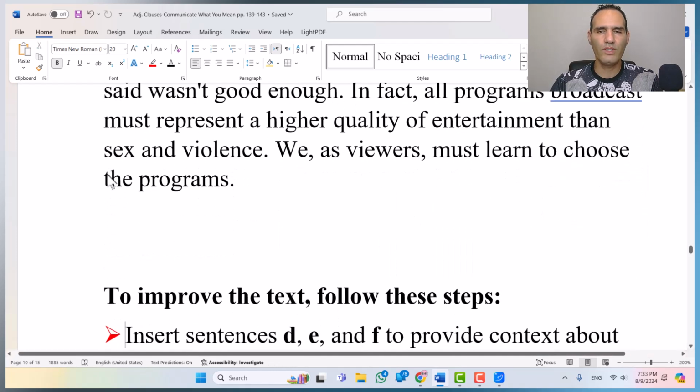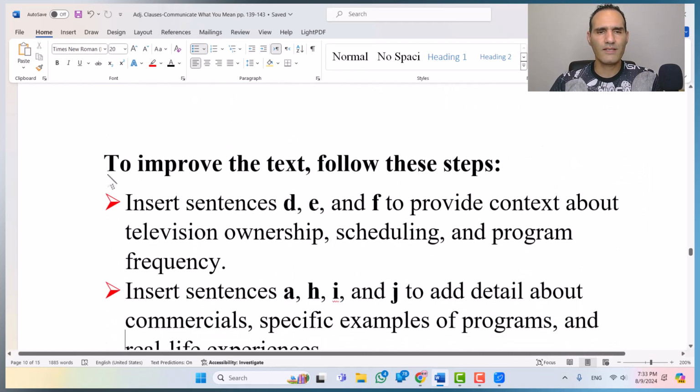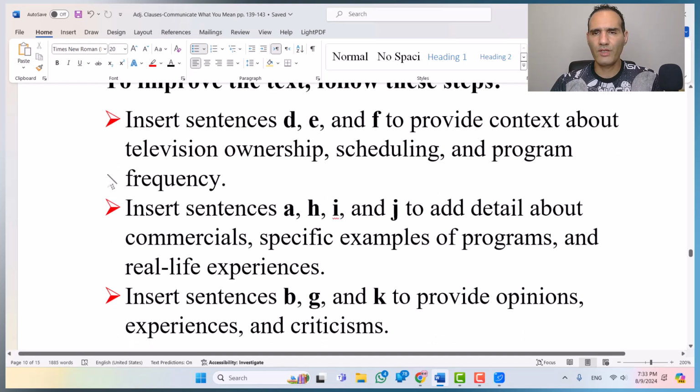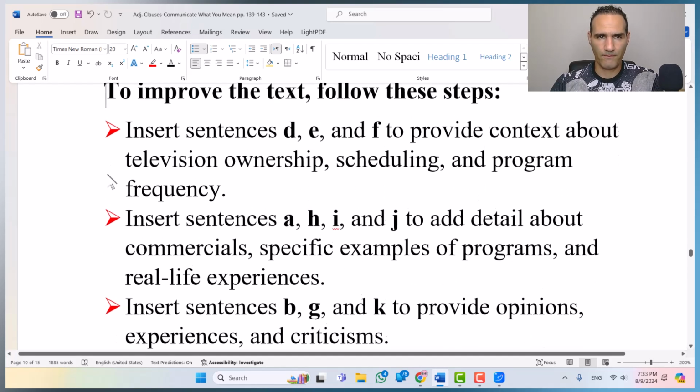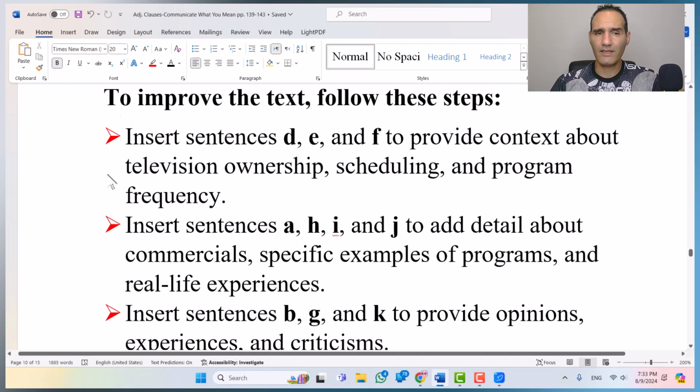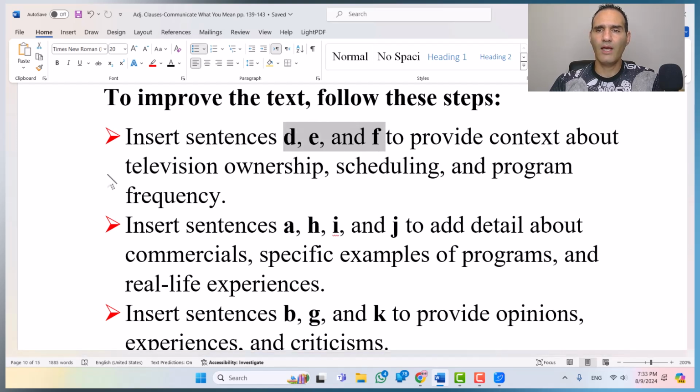Now, what do we do? First, I assess these sentences into 3 different categories. If you want to improve the text, see, sentences D, E, and F provide context about television ownership, scheduling, and program frequency. So, regarding the meaning, they are in this realm of ideas.